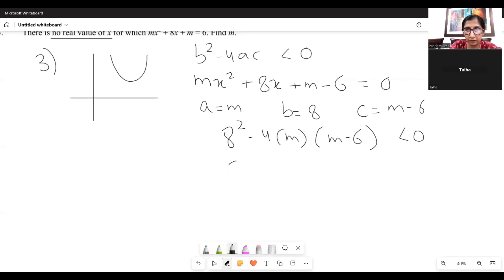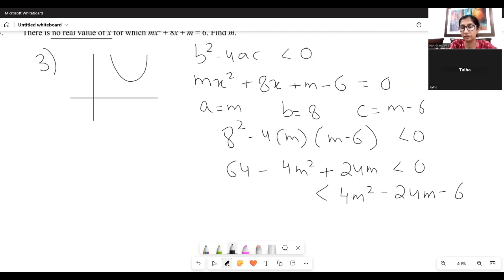We have 64 minus 4m square plus 24m less than 0. So I'm going to bring the negative 4m square towards the right so that it becomes positive 4m square. 4m square minus 24m minus 64, and then we have 0 at this side.